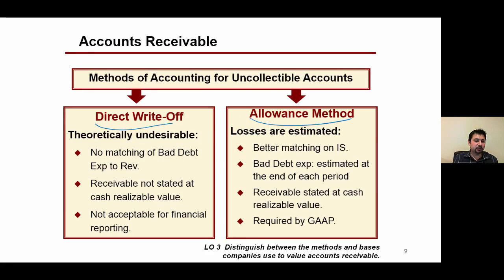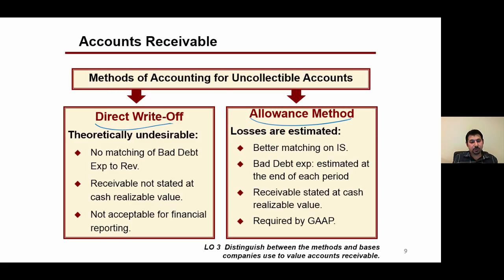So for example, let's say in 2014 the company makes a sale on account, and at the end of the year the company will still keep that amount on the balance sheet. Say that it's $1,000 accounts receivable. But let's say that in 2015, one of the customers, who has an account receivable of $300, fails to pay. At this point, the company will simply write off that $300 in 2015.